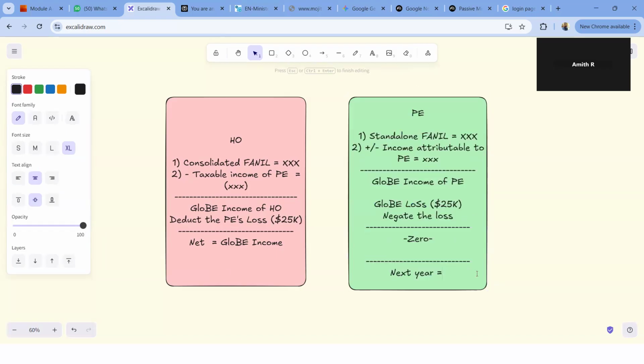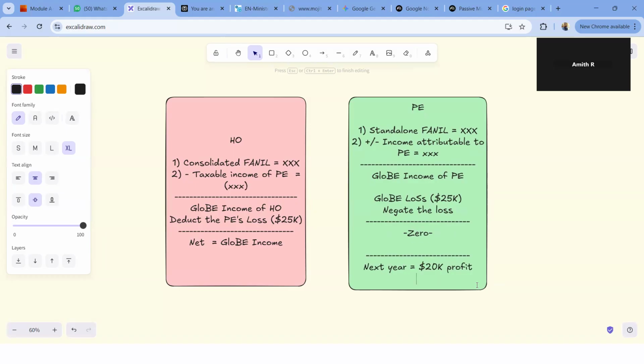Now next year, let's say 20K is my profit. What will happen here is, to the extent of the loss, you will not have any income. What was the previous year's loss? 25K.